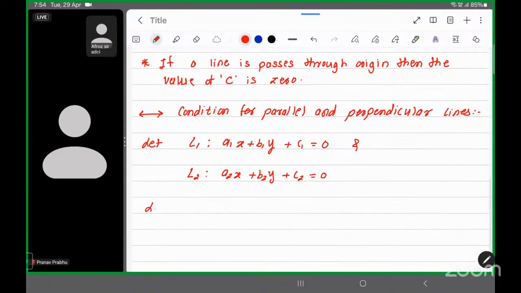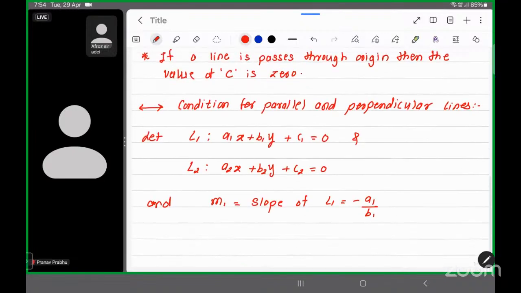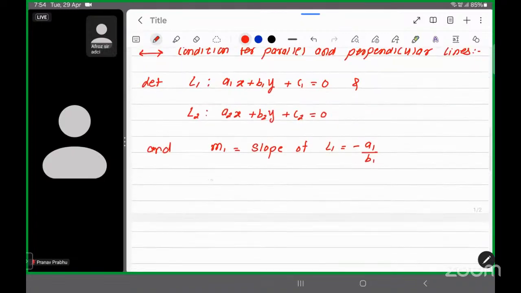Let m1 be the slope of line L1, which equals minus a1 upon b1, and m2 is the slope of L2, which equals minus a2 upon b2.